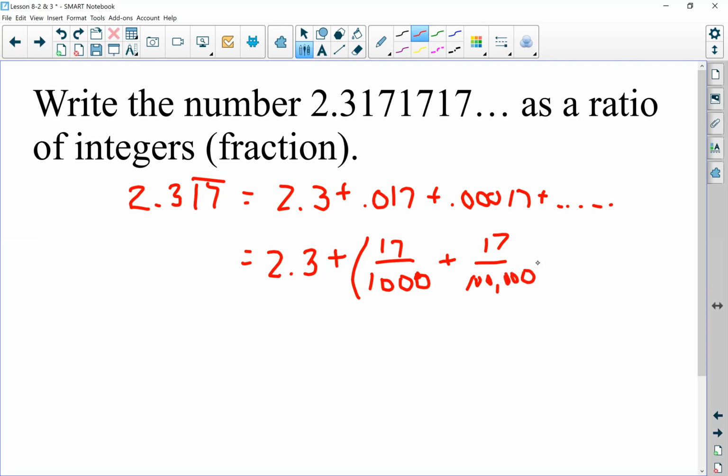And if I wrote the next term out, it would be 17 over 10 million. And that pattern would continue.